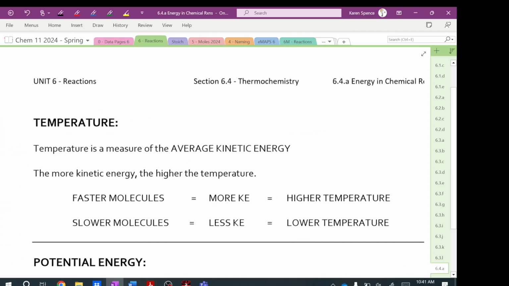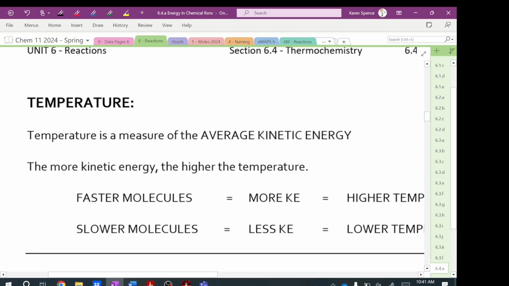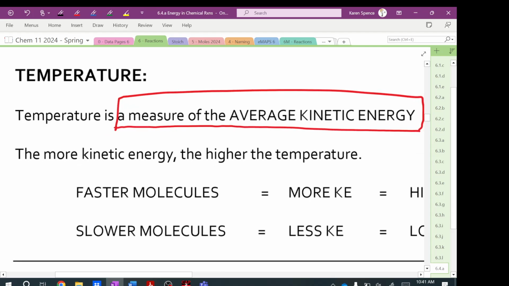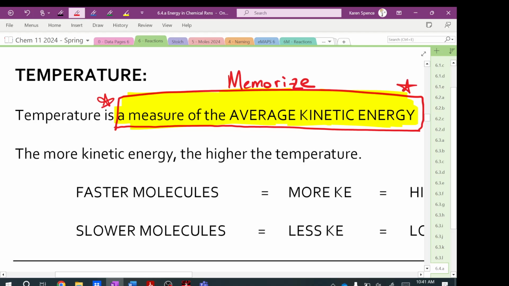Okay. Temperature is literally a measure of the average kinetic energy. You should memorize that. It is an important piece of information that you should just know.